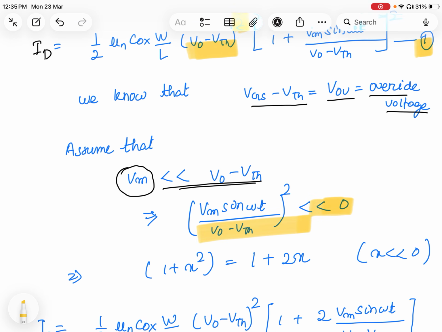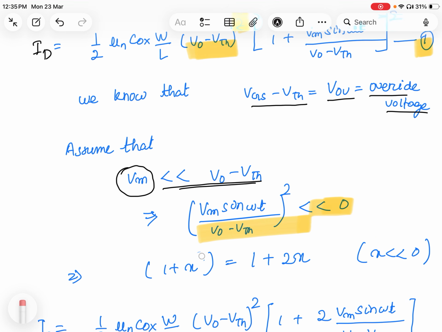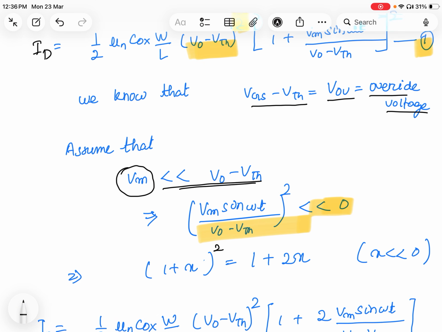Let me hold for a minute. If I want to find (1 plus x) whole square, I get 1 plus x square plus 2x, and since x is very small, we can neglect x square with respect to 2x and 1. That's why (1 plus x) square I write as 1 plus 2x.